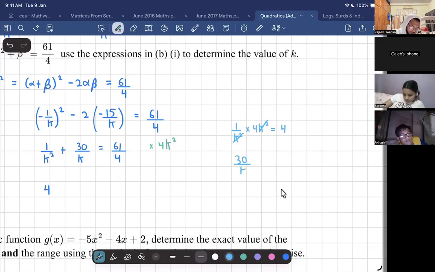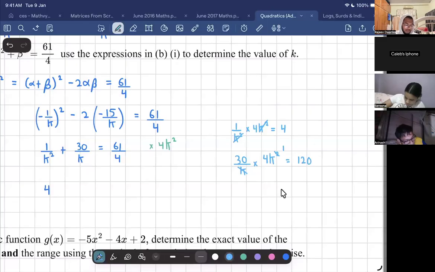Avinash, we have 30 over k multiplied by 4k squared. So what is going to cancel off here? The k. One of the k's in the bottom is going to cancel off with one of the k's from the top. So you're going to end up with 30 by 4. What's 30 by 4? 120.